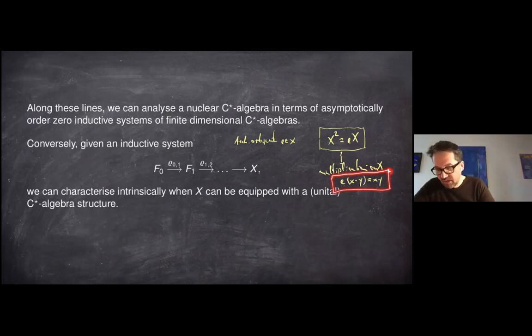Okay, and then you use that E is an order unit, and if you have C equals E times D for C and D in X, then C and D have to agree.